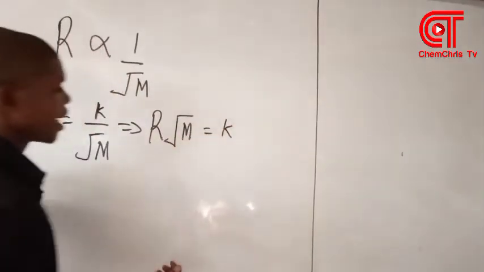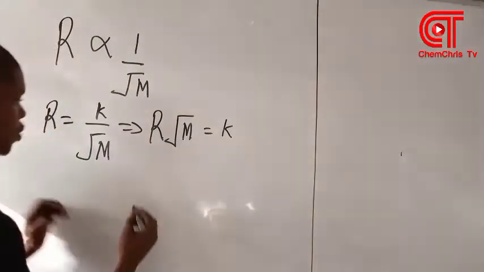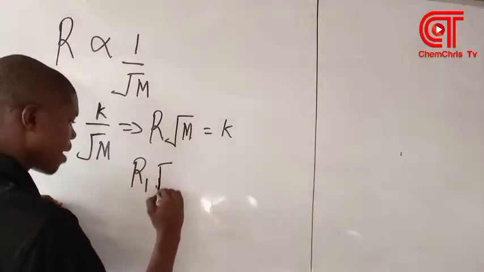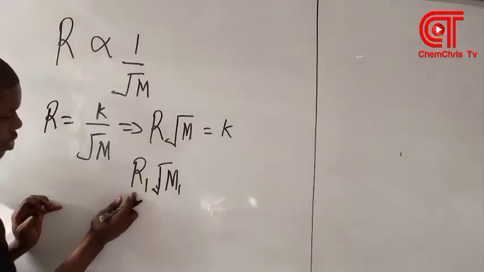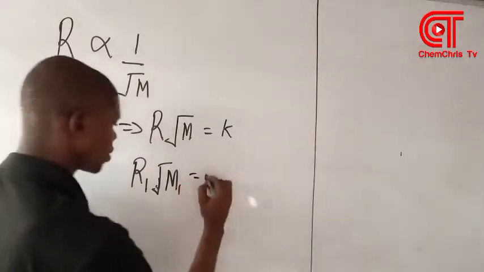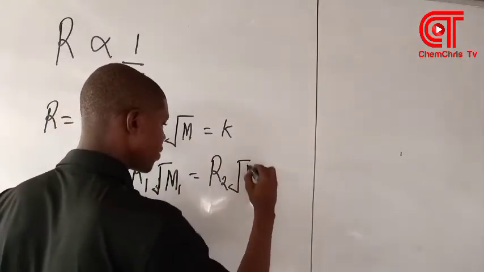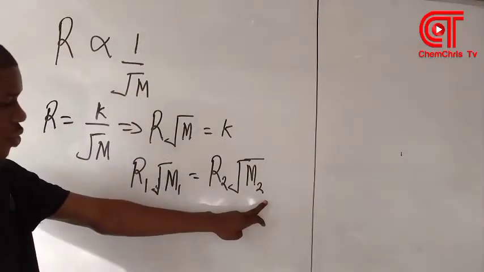So now let's say we have rate 1 and rate 2. Here we have rate 1 times the square root of molar mass of the first gas, which is equal to rate 2 times the square root of molar mass of the second gas.